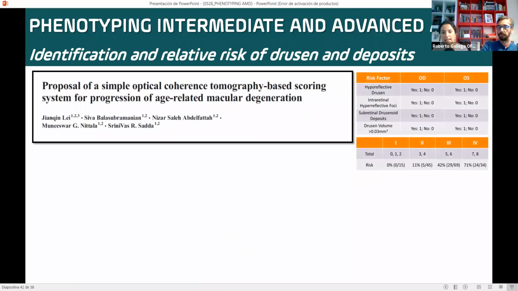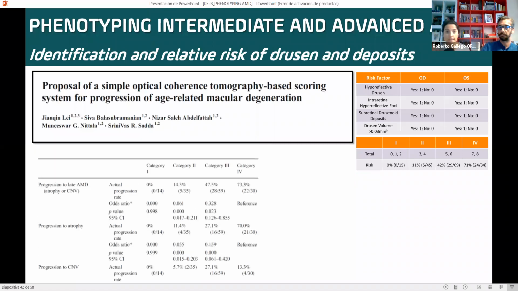Well, when I first saw this paper, I thought it was really good for the clinic. The group in Los Angeles by Dr. Sadda proposed to take these three features: hyperreflective drusen, hyperreflective foci, subretinal drusenoid deposits, and the volume of the drusen, and give points if we saw this in one eye or two.